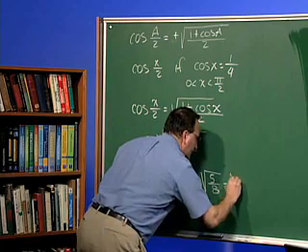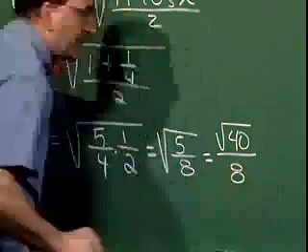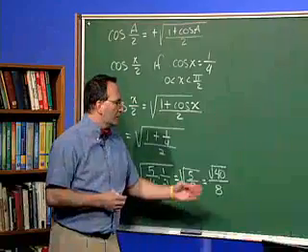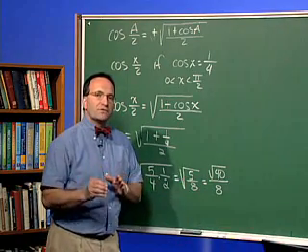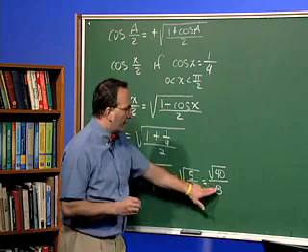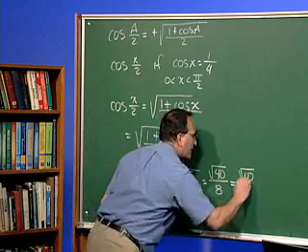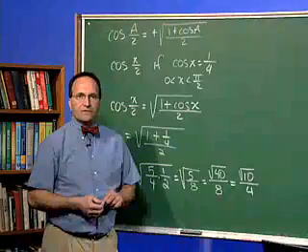So I get the square root of 40 over 8. But of course, the square root of 40 can be simplified. So the square root of 40 is equal to 2 square roots of 10. And the 2 and the 8 will reduce it down, so I'll end up with the square root of 10 over 4. And then that is my answer.